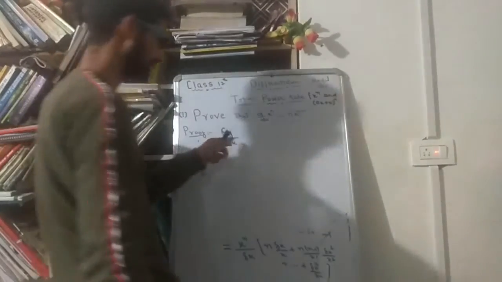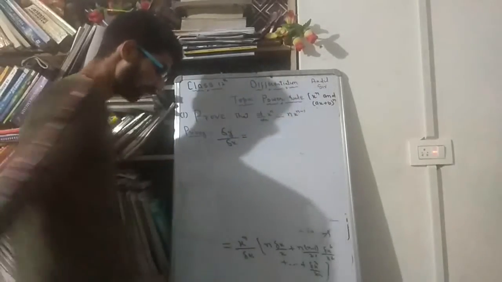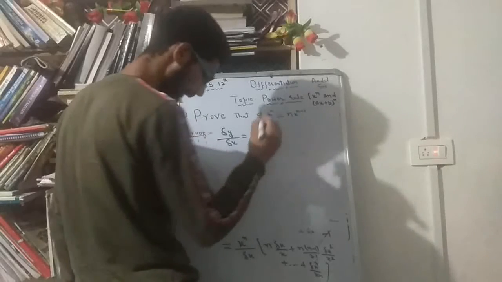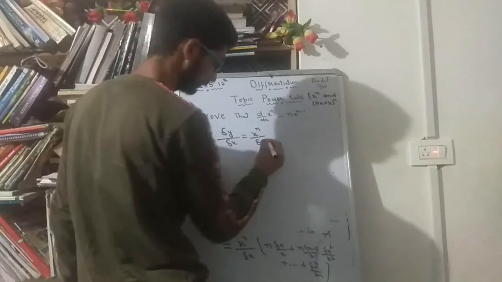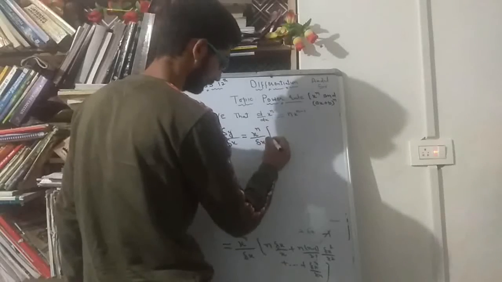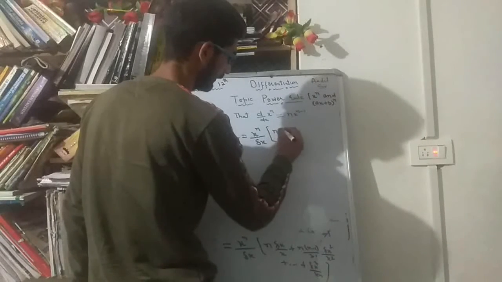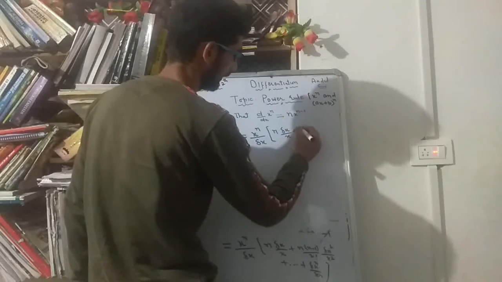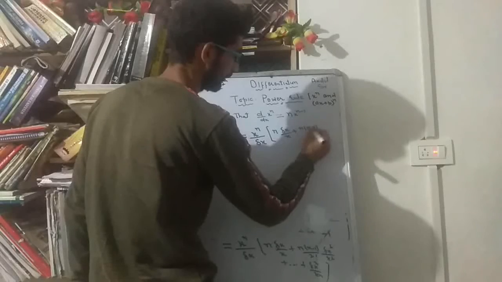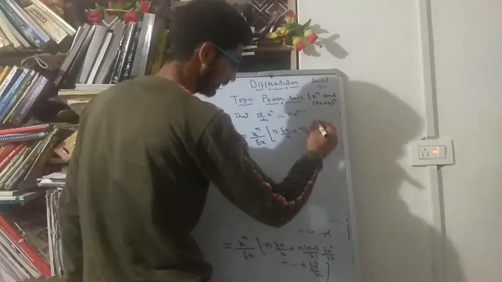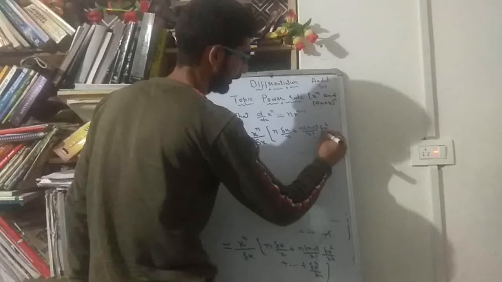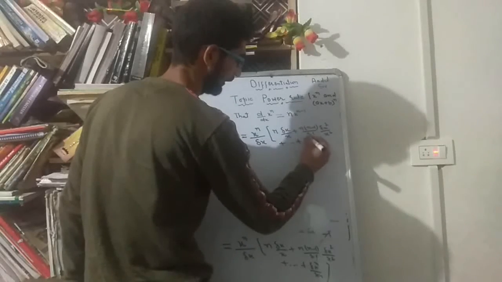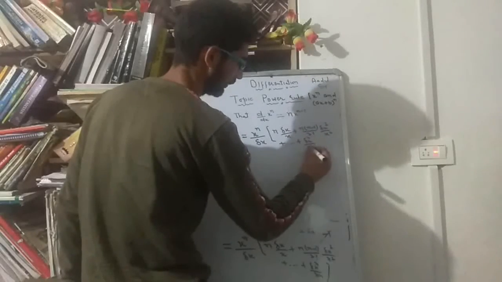We are getting this ratio of increments, del y over del x, equal to x raised to the power n divided by del x, into n del x divided by x plus n into n minus 1 divided by 2 factorial del x squared divided by x squared plus so on plus del x raised to the power n divided by x raised to the power n.